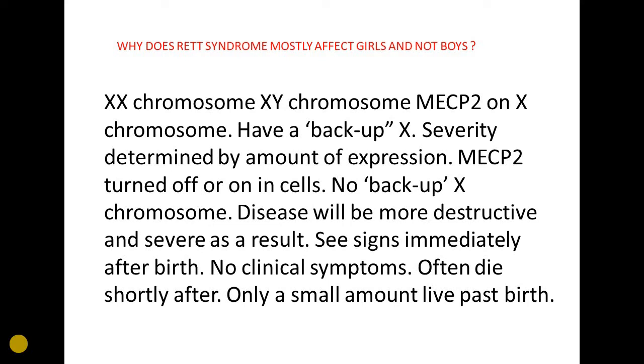So why does Rett syndrome mostly affect girls but not boys? XX chromosomes are found in females, and XY chromosomes are found in males. And MECP2 is present on the X chromosome. So females have a backup X chromosome, and the severity is determined by the amount of expression of the gene MECP2, which is turned off in some cells. In boys there is no backup X chromosome, so this disease will be more destructive and severe as a result.